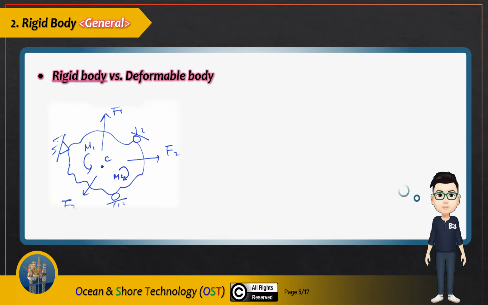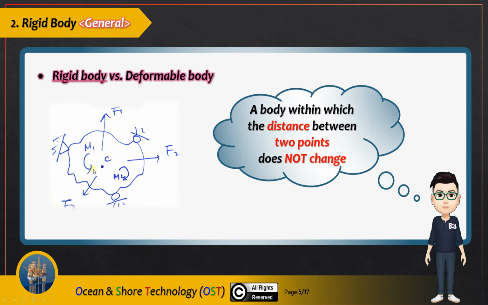Therefore the distance between any two points on the rigid body remains constant in time regardless of the external forces or moment. The distance between two points does not change. This is the definition of the rigid body.